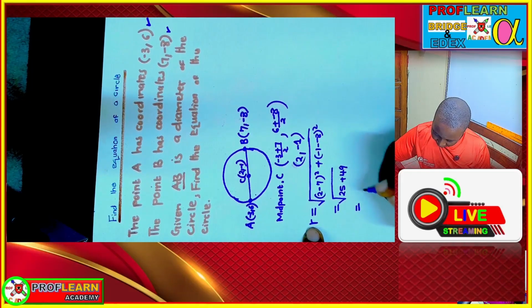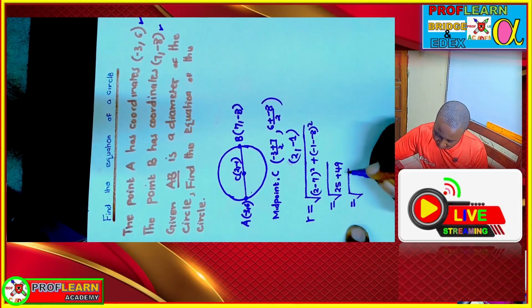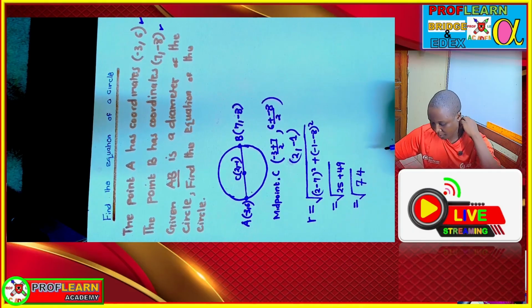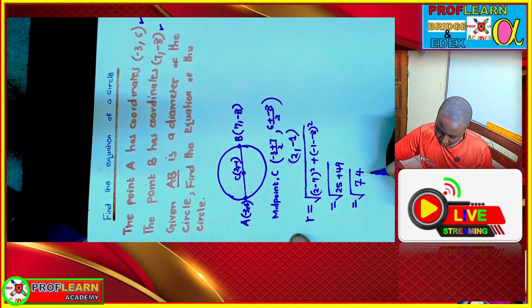If you add these two, 25 plus 49 gives us 74. So we shall have this radius being the square root of 74.